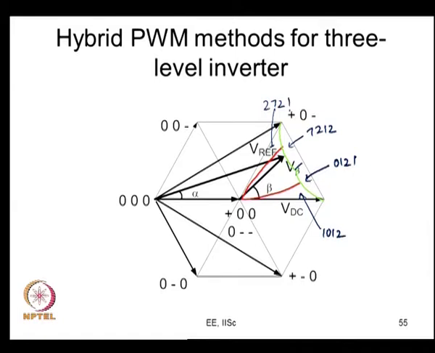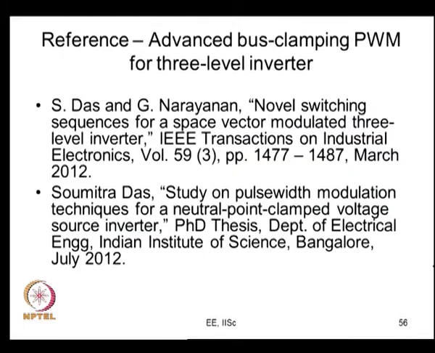So, this kind of an analysis has been done, and you also have hybrid PWM methods which have actually been developed. So, many of these ideas, the novel switching sequences, are discussed extensively in this paper. This is a very recent one on IEEE transactions on industrial electronics, and this thesis talks about these things in good detail on this advanced bus clamping PWM and how you would evolve hybrid PWM methods.